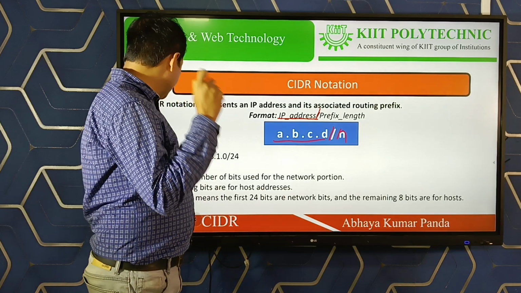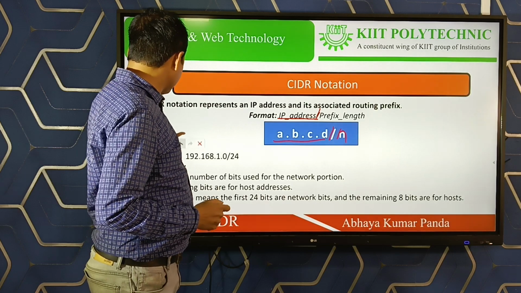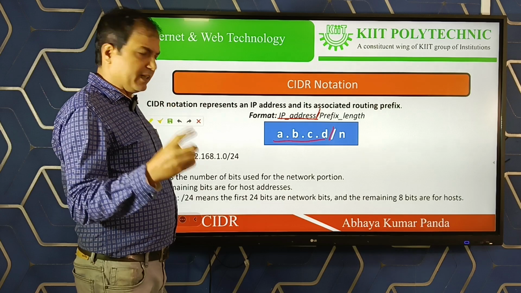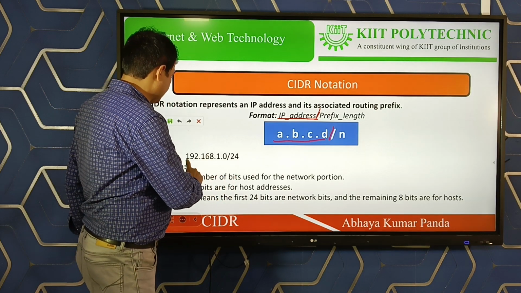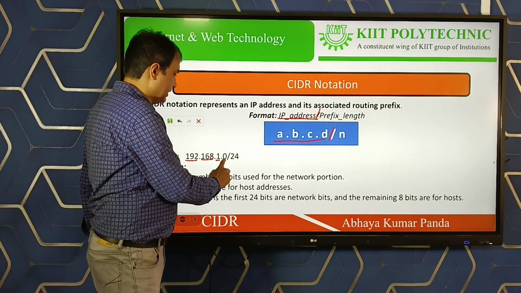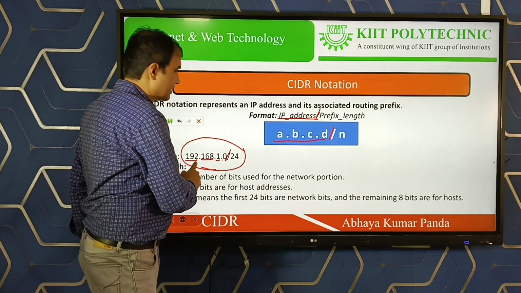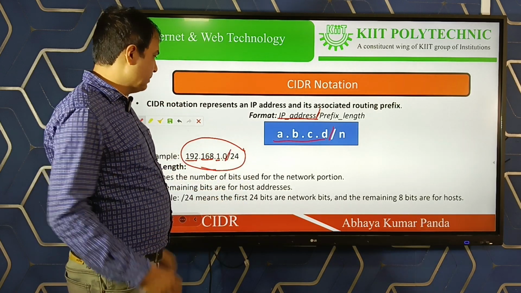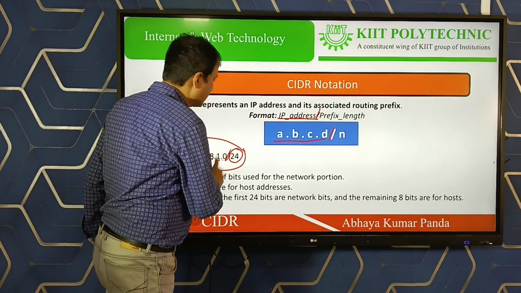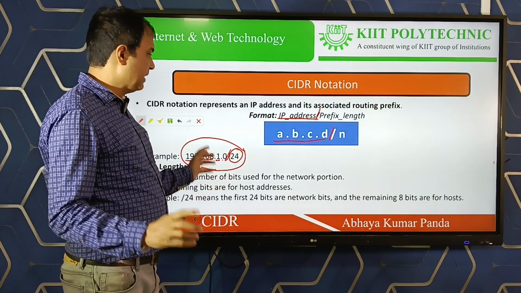Length of the network ID means, take an example. If we write a block of IP addresses as 192.168.1.0/24, this is the CIDR notation of that block. It means 24 bits denote the network ID.